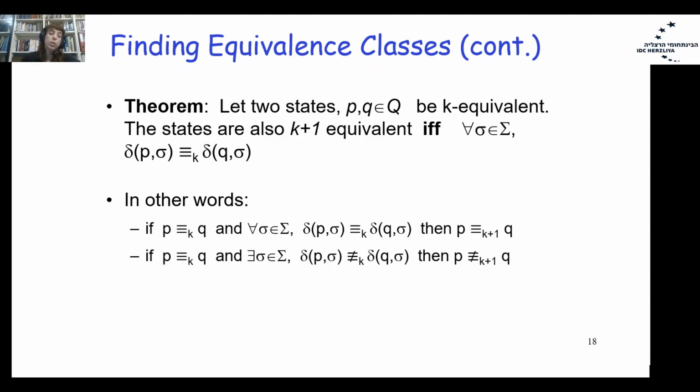In other words, if P is K equivalent to Q and for all letters of the alphabet delta(P, sigma) is K equivalent to delta(Q, sigma), then P is K plus 1 equivalent to Q. If P is K equivalent to Q, but there exists a letter sigma for which delta(P, sigma) is not K equivalent to delta(Q, sigma), then P and Q are not K plus 1 equivalent.